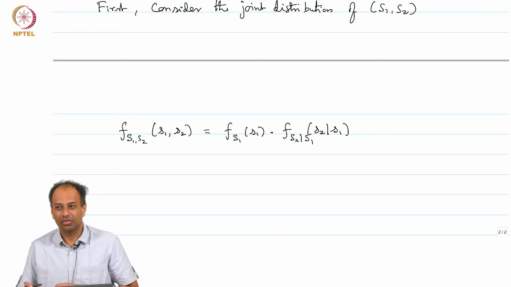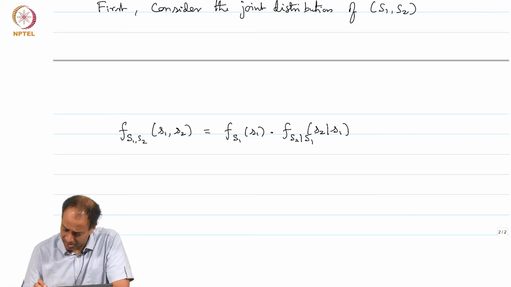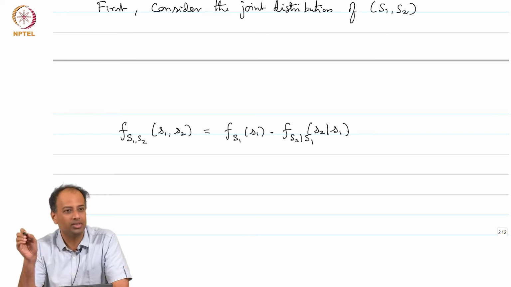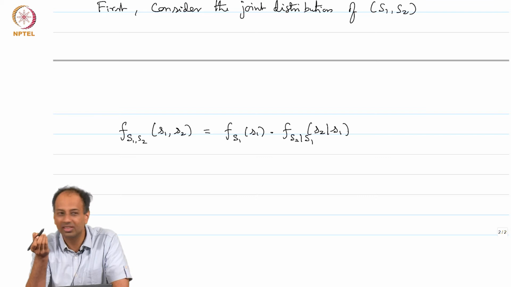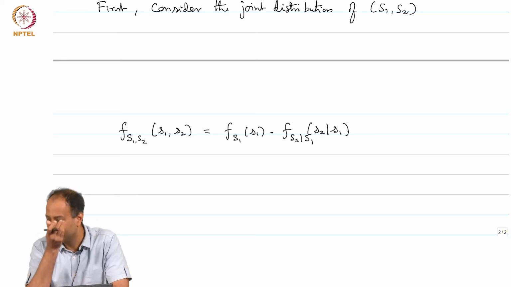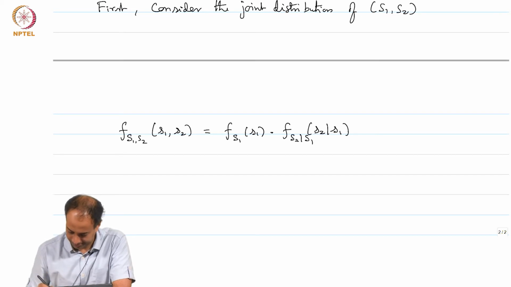You know the definition of conditional density, so that is what I am using. The reason I am doing this is that once I condition on S1, the further time to S2 is well known. It is an exponential. So, I want to exploit that property.